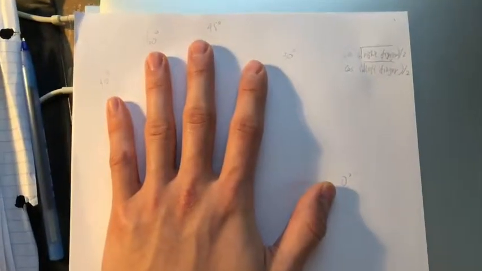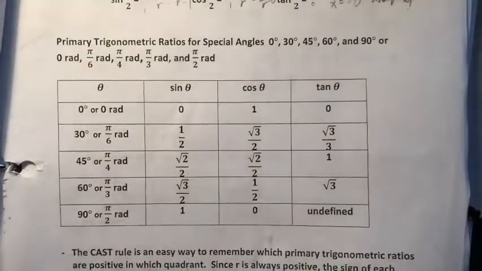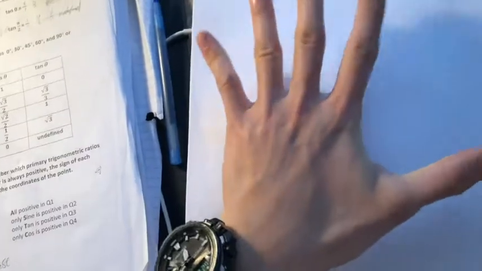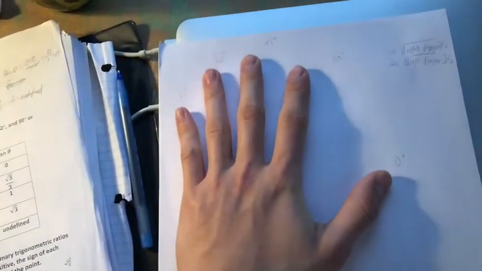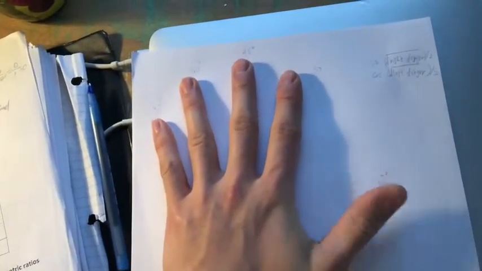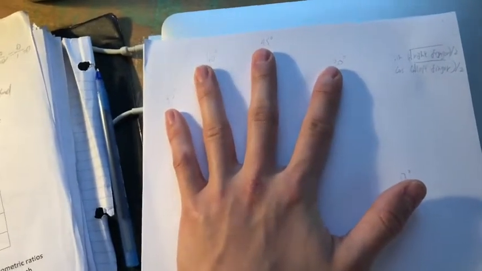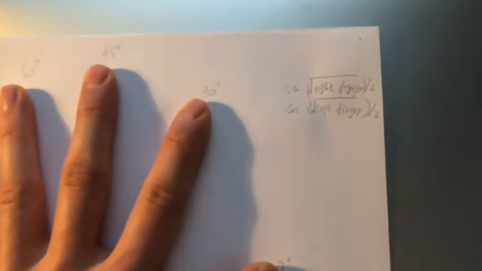So I want to show you a very simple trick of how to remember the primary trigonometry ratios. A very simple way is you put your left hand on the table, and the fingers are 0 degrees, 30 degrees, 45, 60 and 90. And then it's very simple.